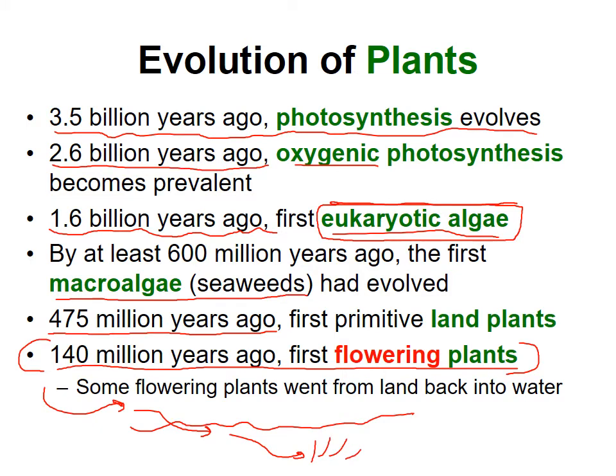So seagrasses had kind of a round trip in evolution, because the very first photosynthetic organisms lived in the water, and then some evolved into land plants, and then some of those land plants evolved to live back in the water and became the seagrasses.